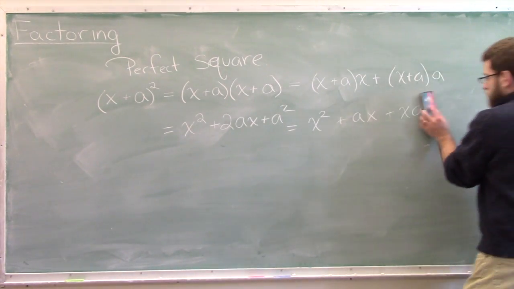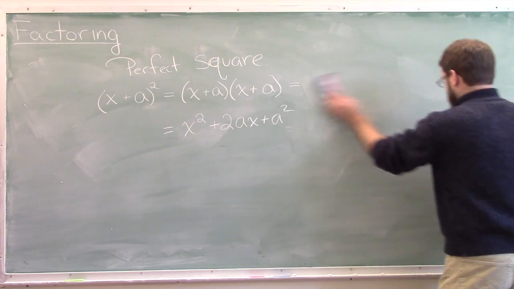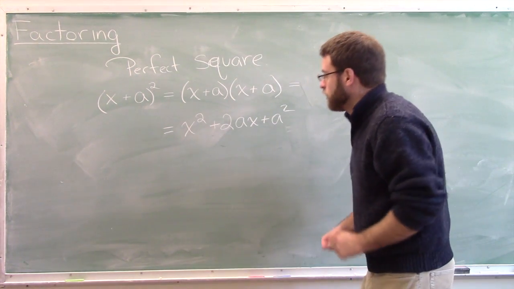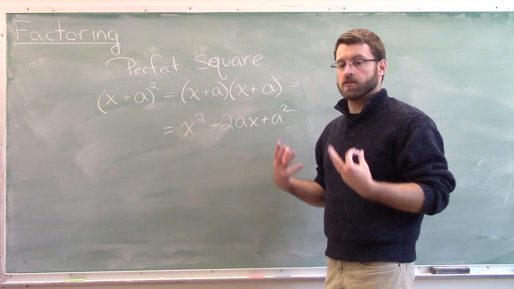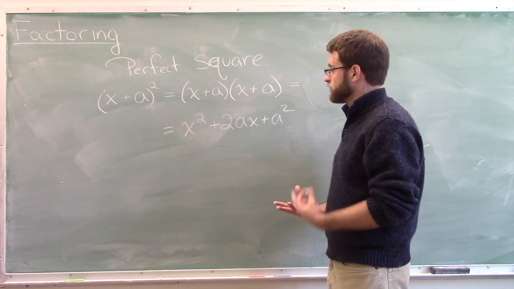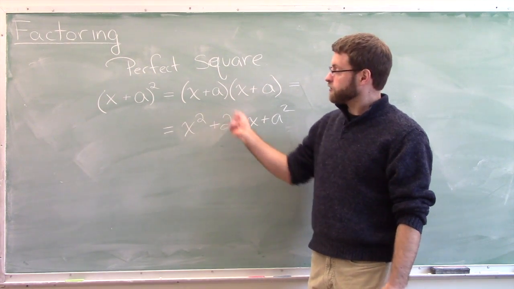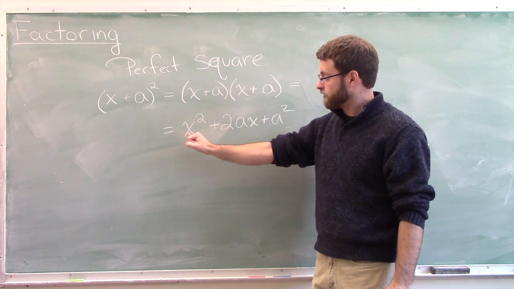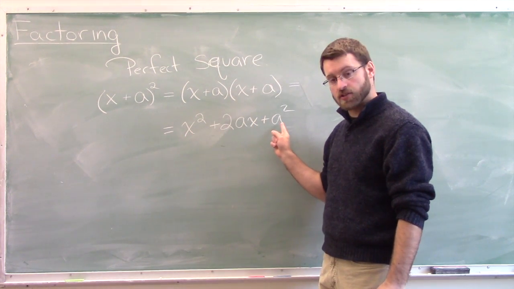So let's take these results and let's look at how we might use this for factoring. When we're looking for these types of patterns, they have to appear perfectly for us to be able to use these ideas. So if I'm going to find a perfect square, if I'm going to be able to factor something using this perfect square structure, I need to have an x squared, 2ax plus a squared.